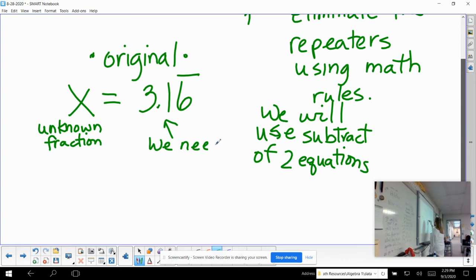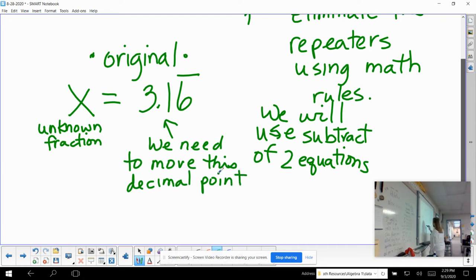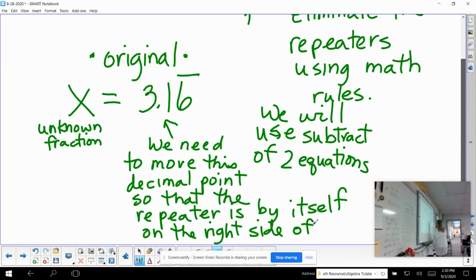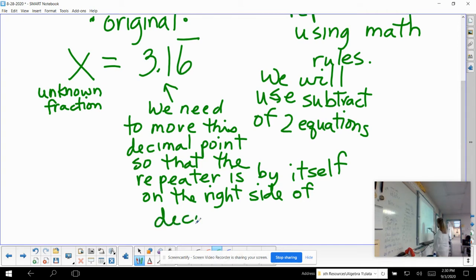We need to move this decimal point so that the repeater is by itself on the right side of the decimal point. So that's the first equation.